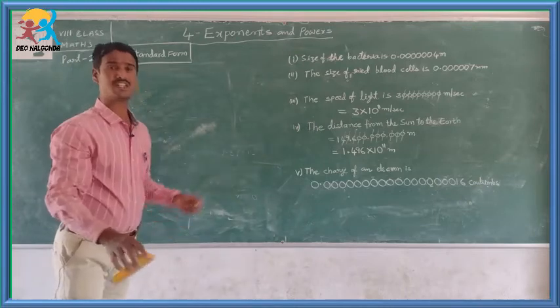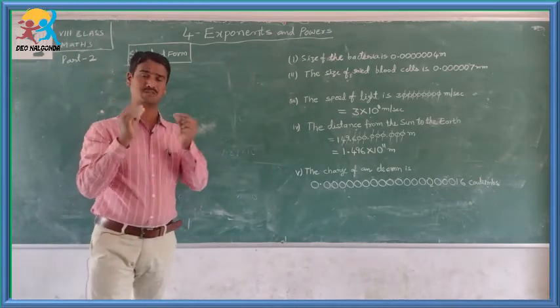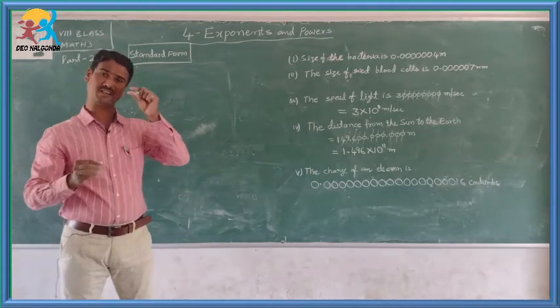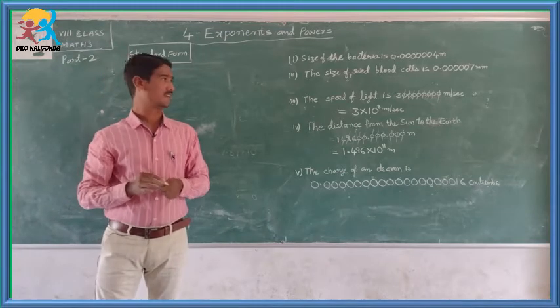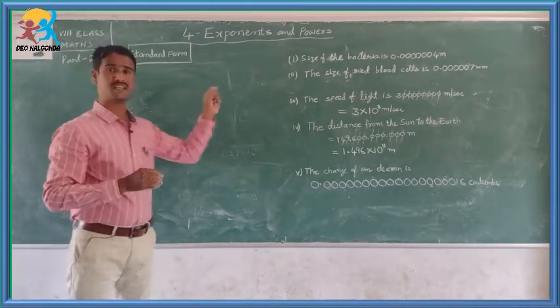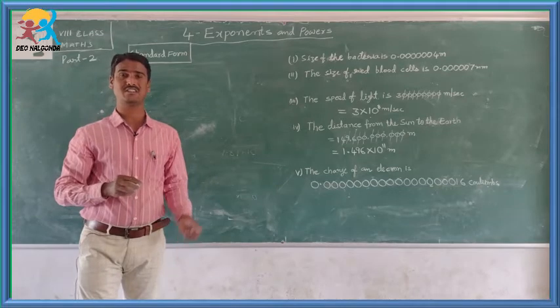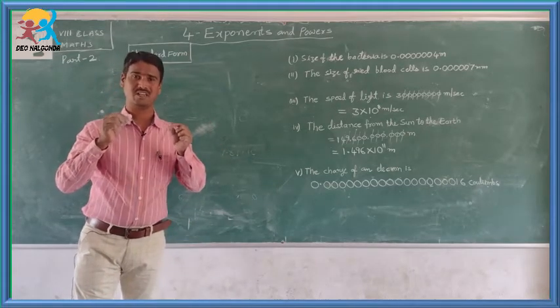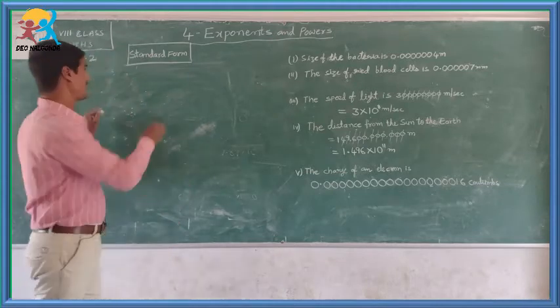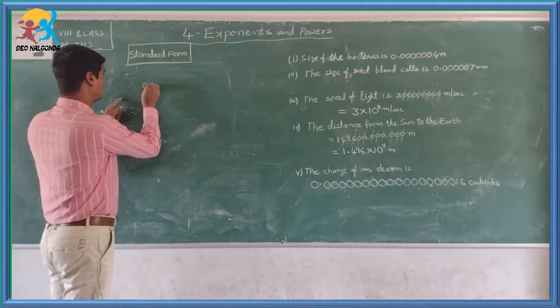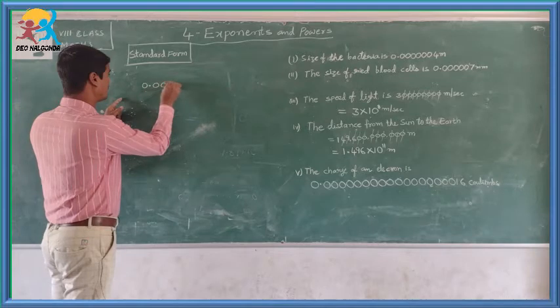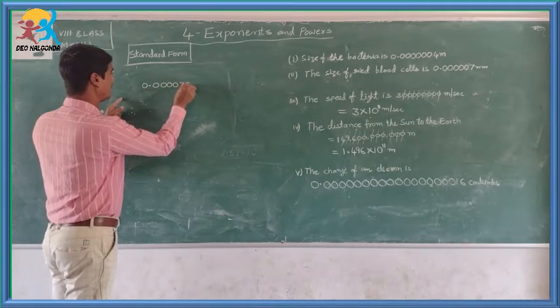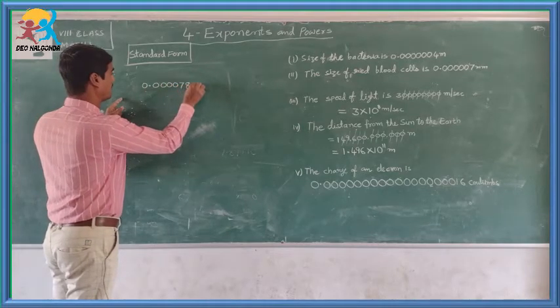Let's take the small numbers. The thickness of paper and the size of bacteria. These are all very small sizes. The radius of a cell. Let's see, 0.00078 mm.